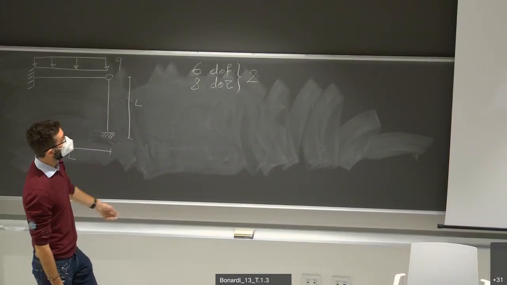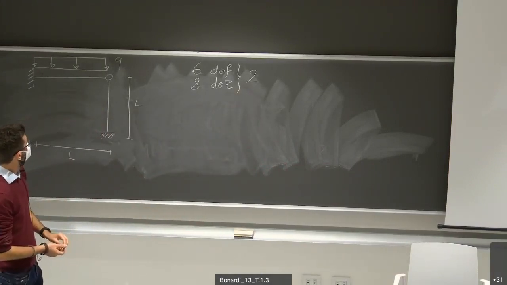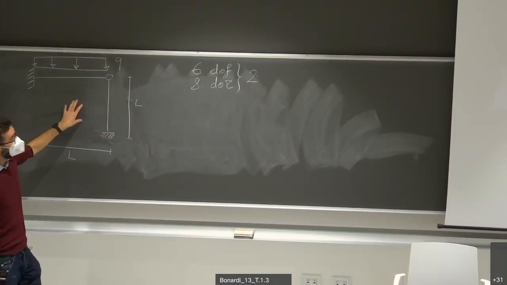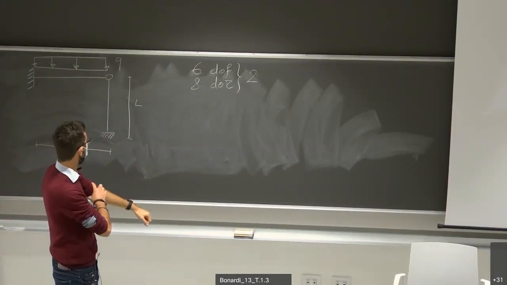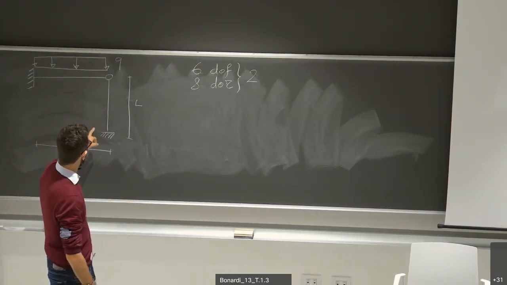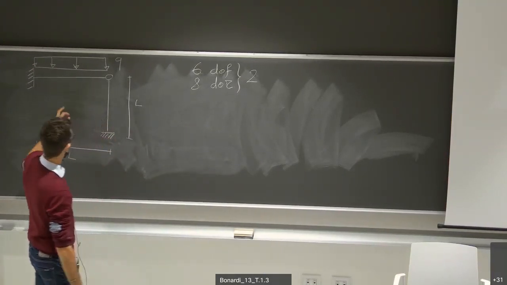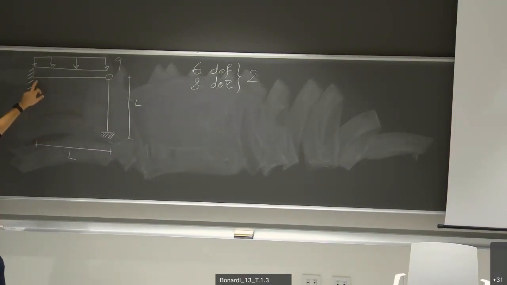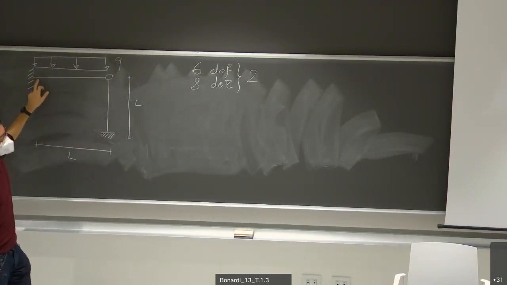So we were saying that we have two degrees of indeterminacy. You have also seen with Professor Gentina that you can decide which kind of restraint you can downgrade, but in order to make things easier, we can start by suggesting to remove all the constraints that prevent rotation.